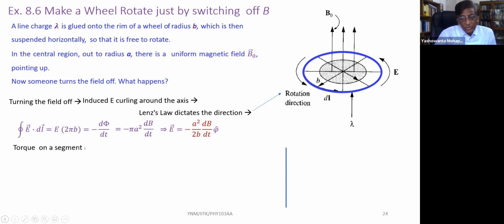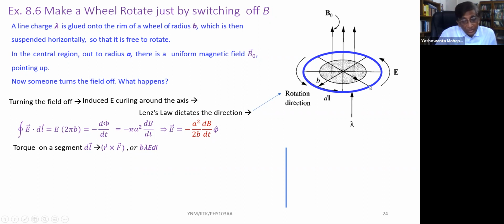So now this E, what will it do? What will be the torque on any particular segment dl, let's say? The torque would be r cross F. There is a force, or we could say lambda is the charge here, so there is b lambda E dl. This is a static charge on this rim.